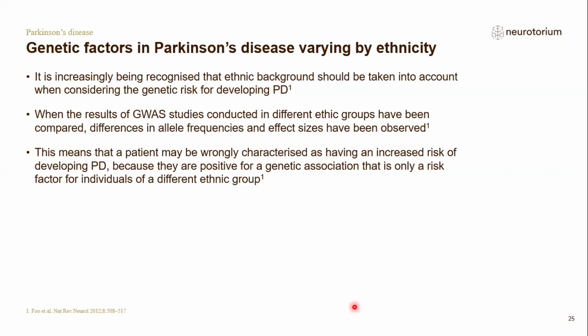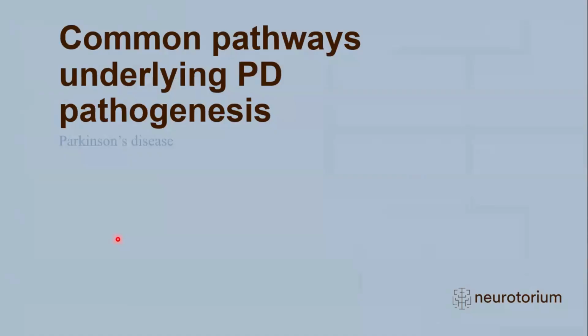So you cannot say that because a gene was identified in the European ethnicity, if you find it within the Baganda here, then they are at a greater risk of getting Parkinson's disease. So that is the last statement, the disclaimer that I've just explained.